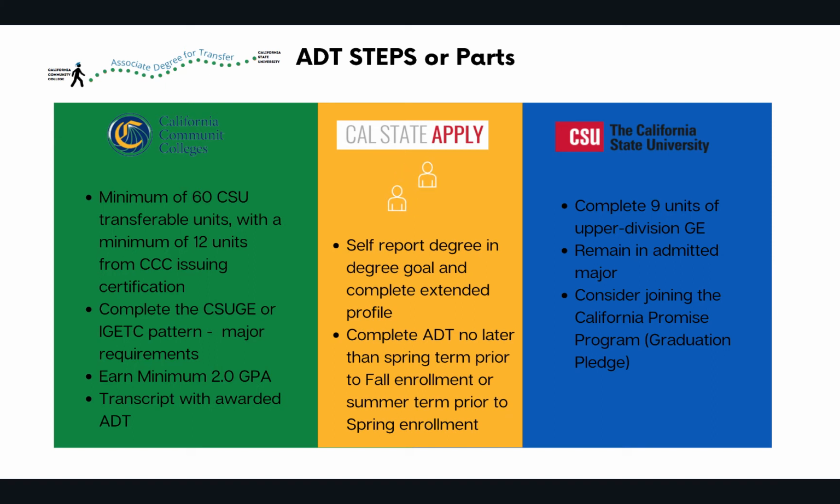Normally the process needs to be initiated at the community college that you are currently attending. The general requirements are meeting a minimum of 60 CSU transferable units. The other part is that you complete the CSU GE or the ADT pattern as well. With regards to your major requirements, the minimum GPA would be a 2.0.